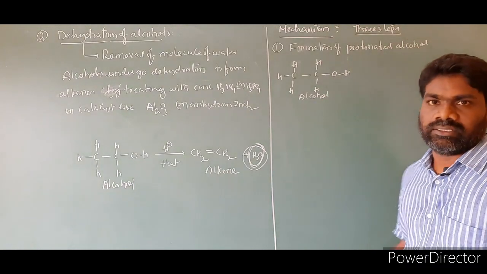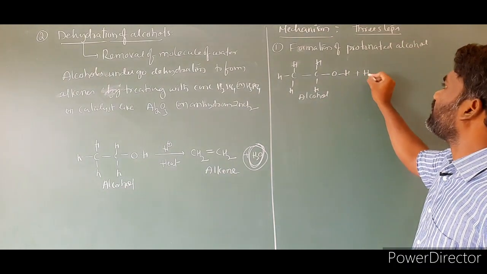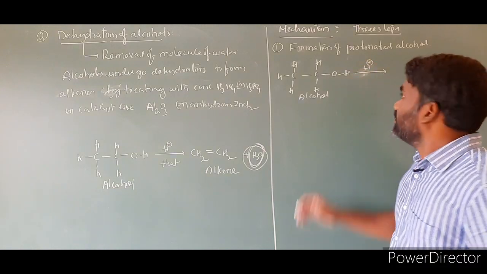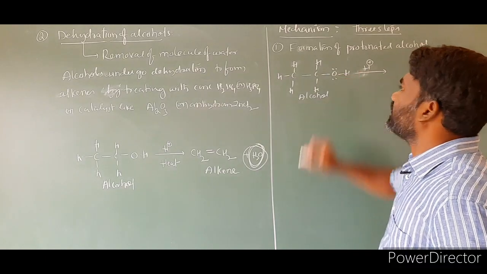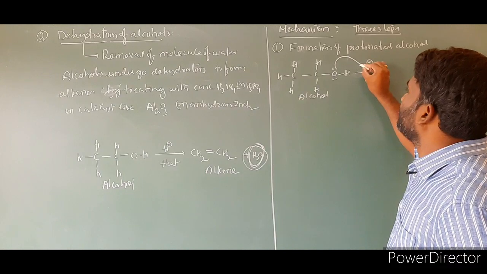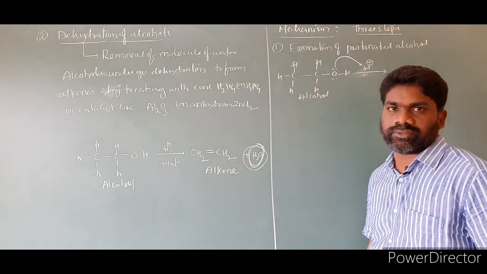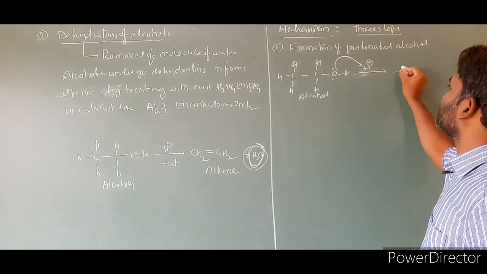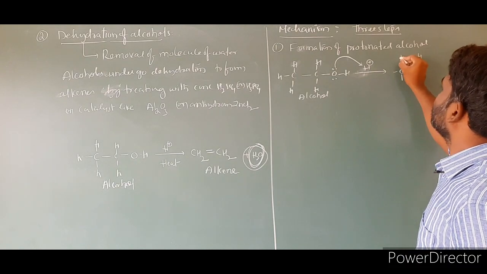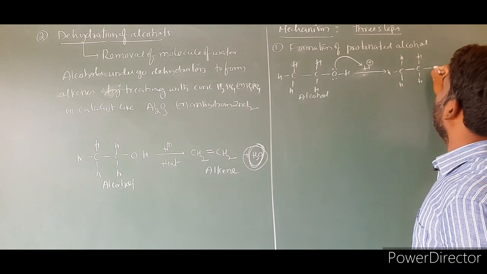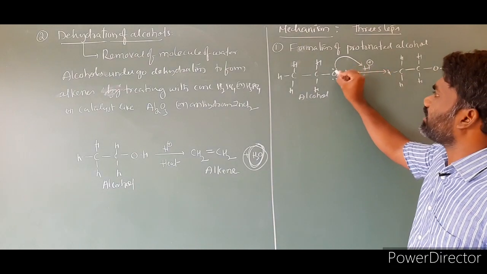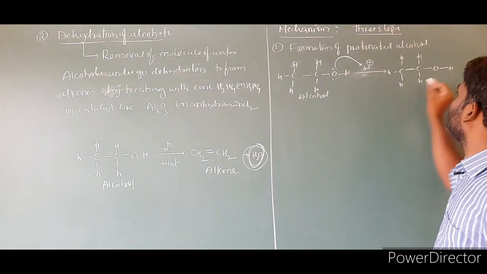Then we are treating this with H plus, which is from the acid. Here there is a lone pair of electrons present on the oxygen. This lone pair of electrons attacks this hydrogen. As a result, the product is O, and the OH is already there. This hydrogen attaches to this oxygen.